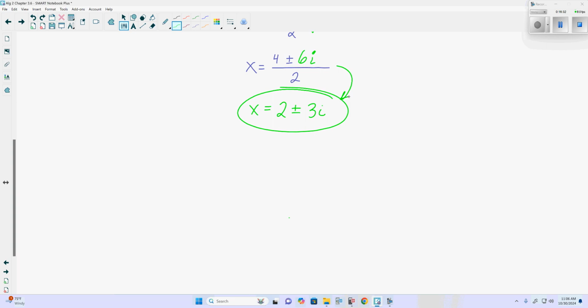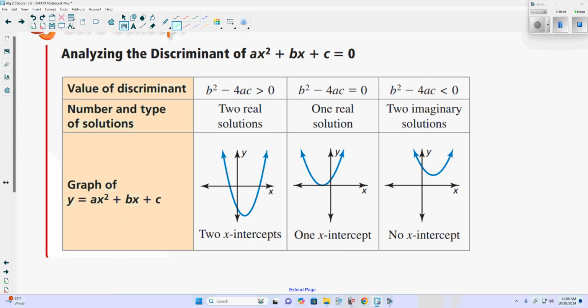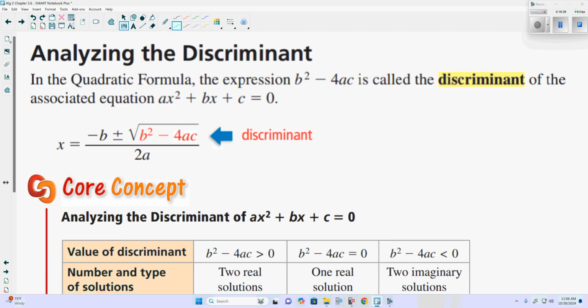Questions on this here? Analyzing the discriminant. Now the discriminant is our b squared minus 4ac. Now the discriminant can have one of three values.